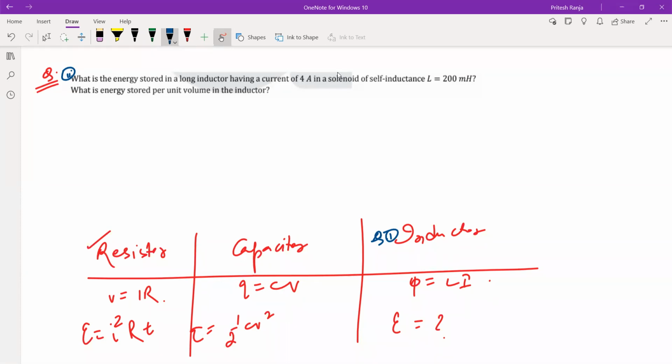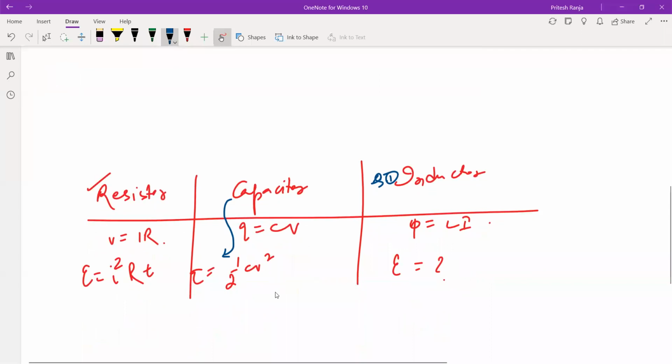So if we talk about the energy stored, first, guys, you all should remember how we derived the expression of energy stored in the capacitor. What was the way we found?